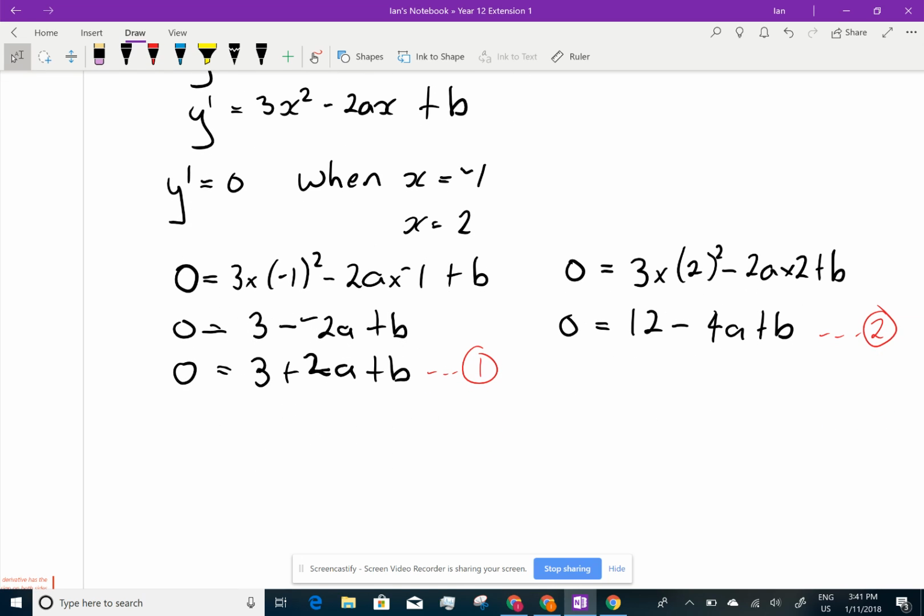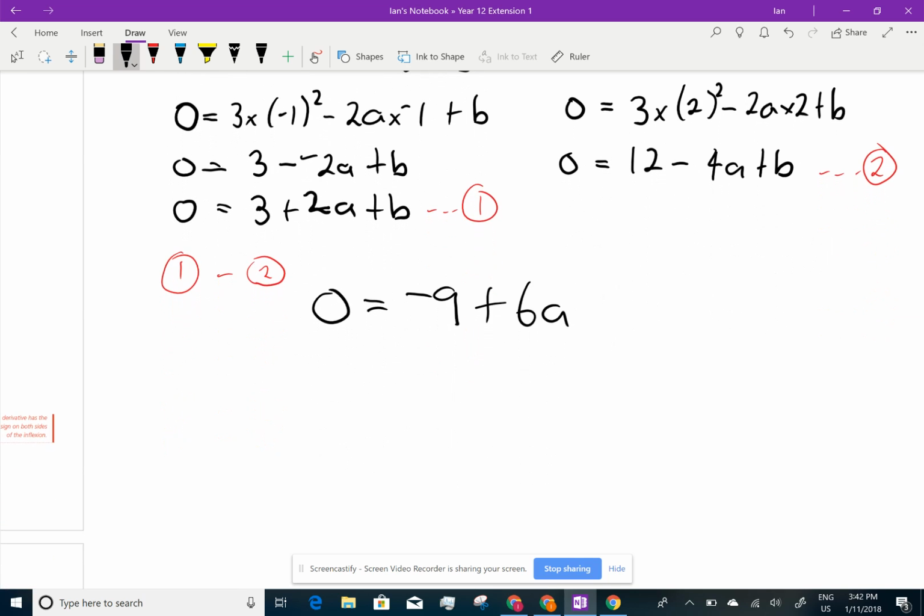And if I subtract those equations, so equation number 1 minus equation number 2, what will I get? 0 minus 0 is 0. 3 minus 12 is -9. 2a minus 4a, that's 6a. And b minus b, that goes. It eliminates. That's what's called elimination.